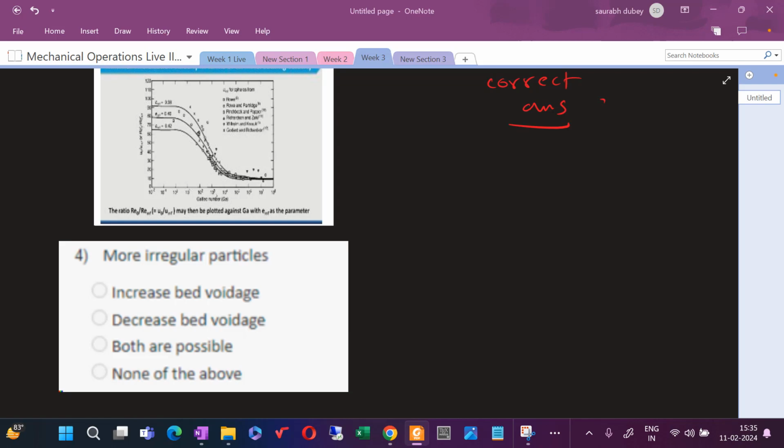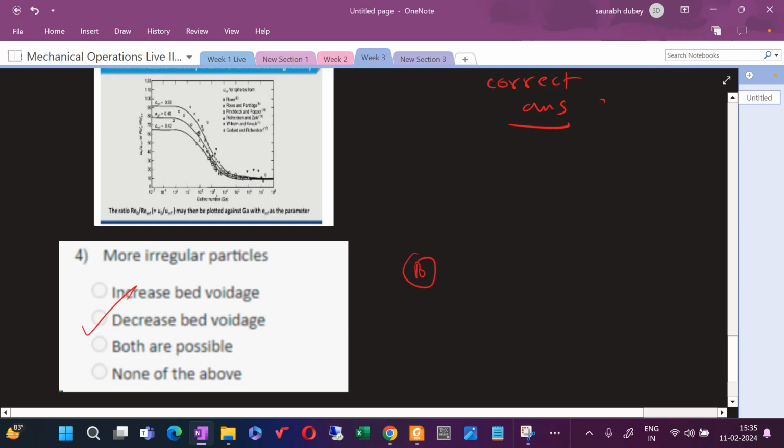So for irregular particles, which of the following is correct? You see increasing bed voidage, decreasing bed voidage, both are possible, and none of the above. If the particles are irregular, then there is a chance of decreasing bed voidage. That is the correct answer.